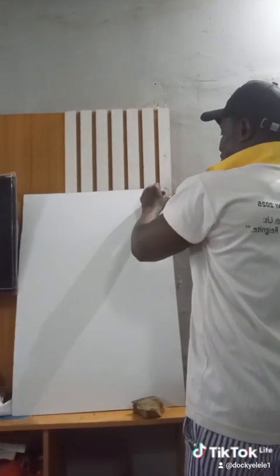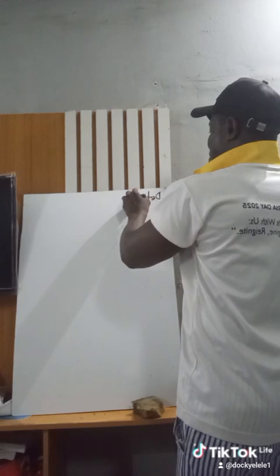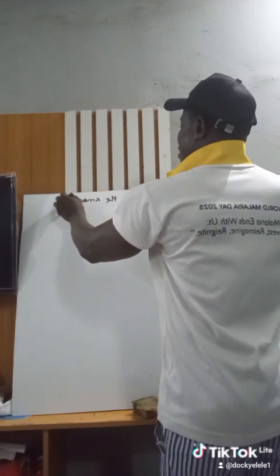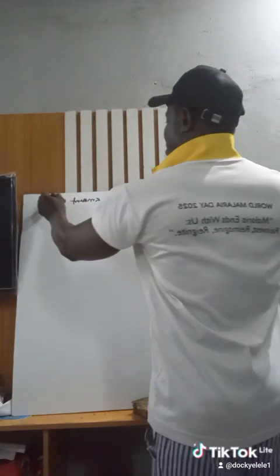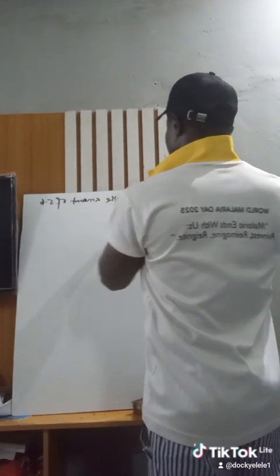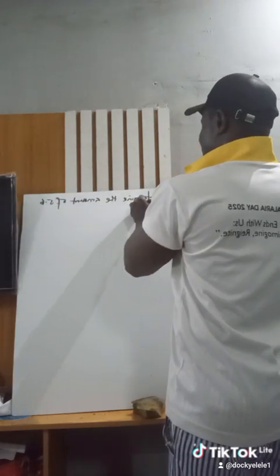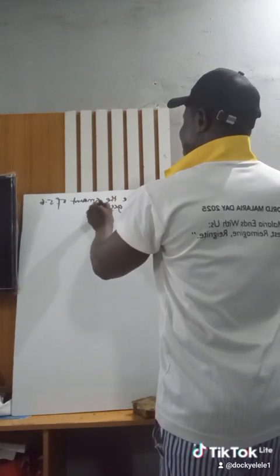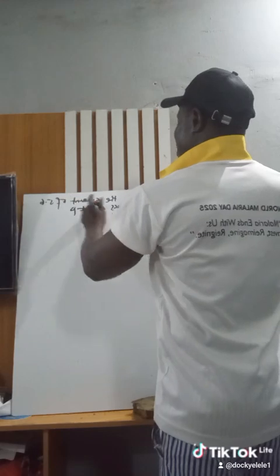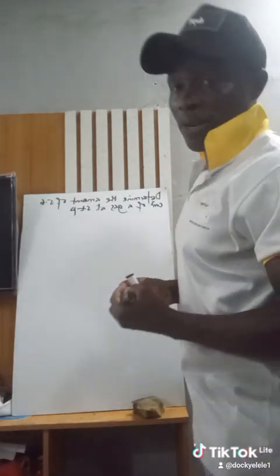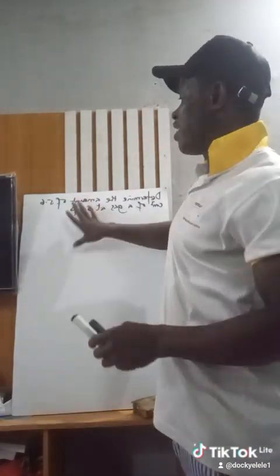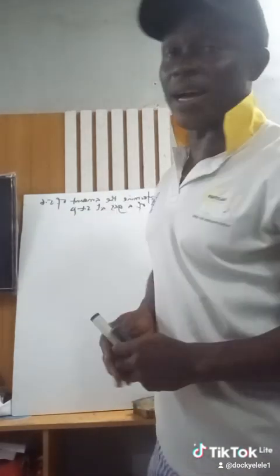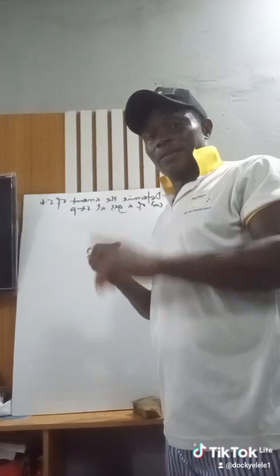Determine the amount of 5.6 cm cube of a gas at STP. Remember when I was teaching you the formulas, I told you that whenever you hear the word STP, your mind should quickly rush to those formulas and the parameters.